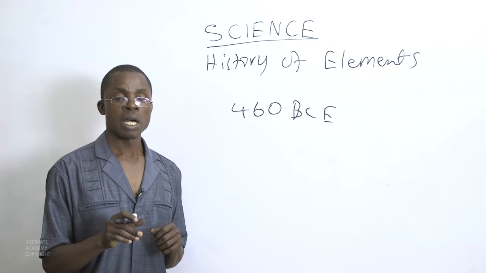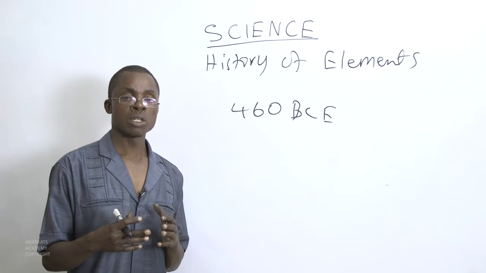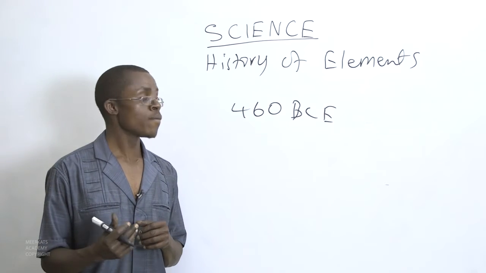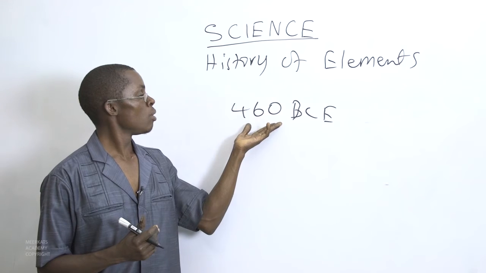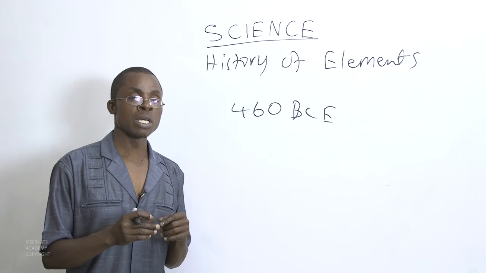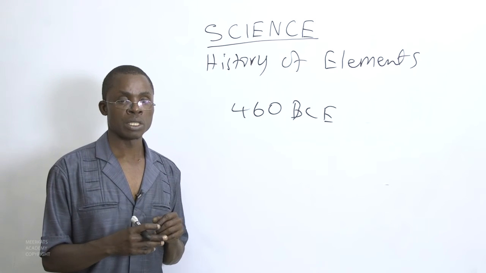John Dalton is taken to be the modern scientist in terms of the theory, but we also have Democritus, who in 460 BCE also came out with some ideas on what an atom is.